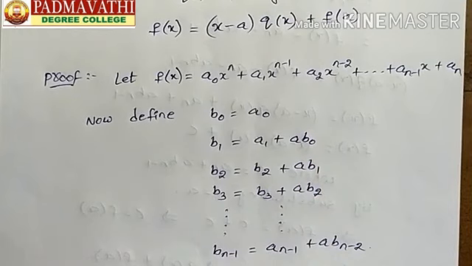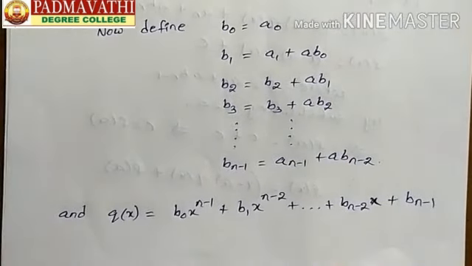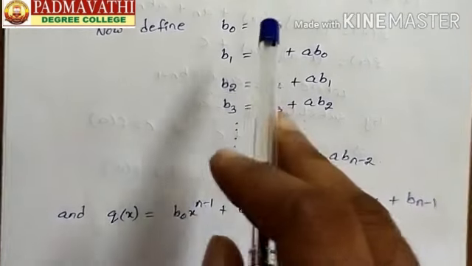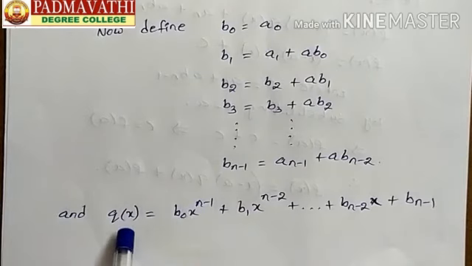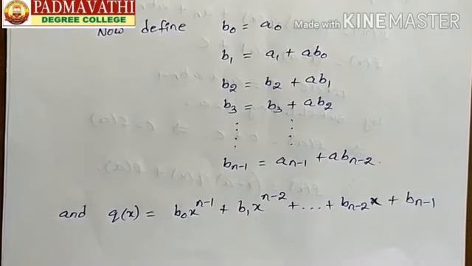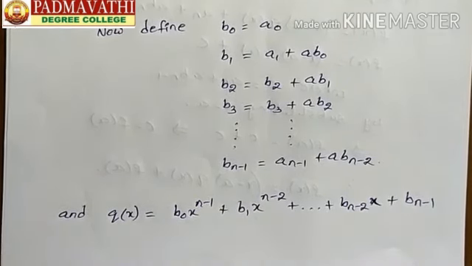Now we are writing the q of x expression with those coefficients: b naught into x power n minus 1 plus b1 into x power n minus 2 and so on plus bn minus 1. Here we are reducing the x power n term. Actually f of x has x power n, but for q of x we write with n minus 1.